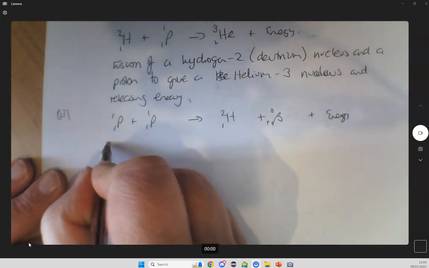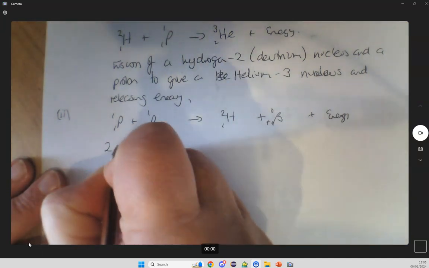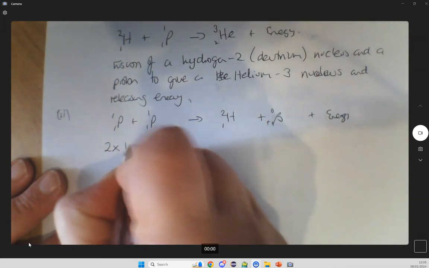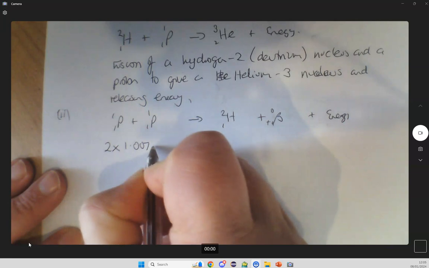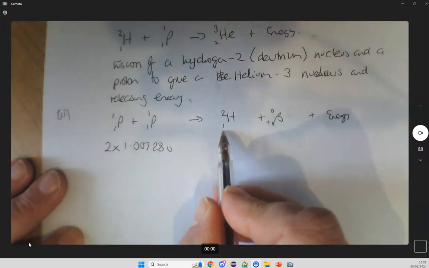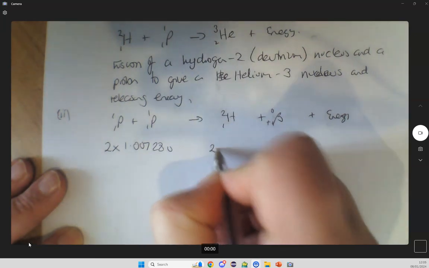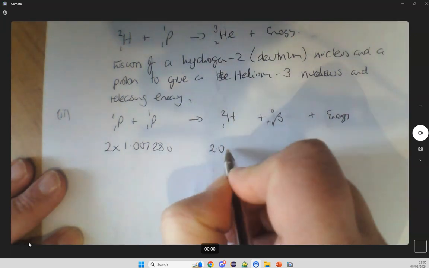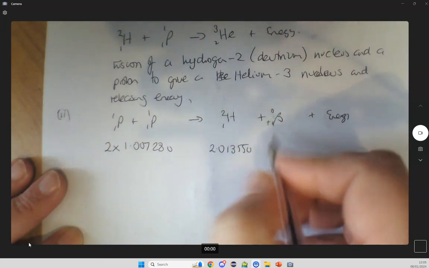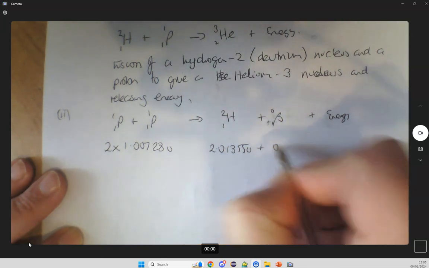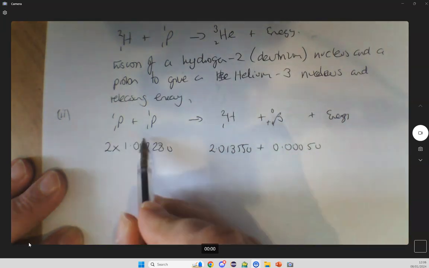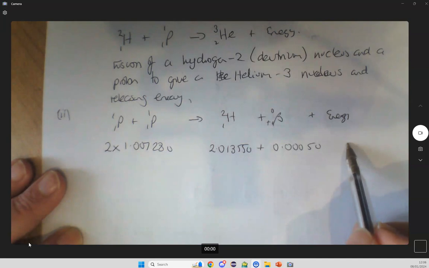So the rest mass of this side is 2 times the rest mass of a proton, 1.00728 U. The deuterium nucleus has a rest mass of 2.01355 U. The beta particle has a rest mass of 0.0005 U.